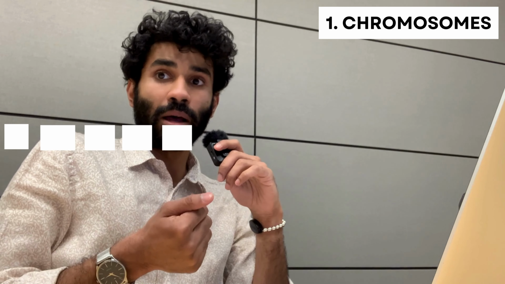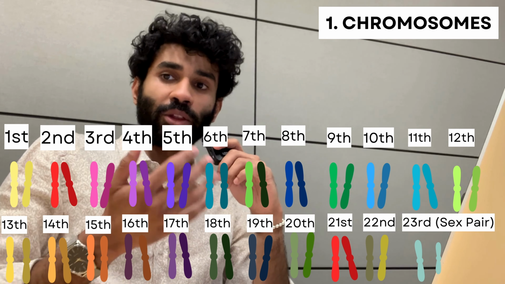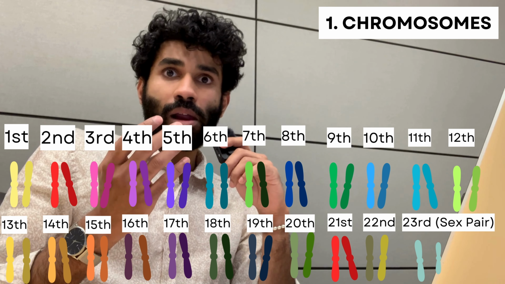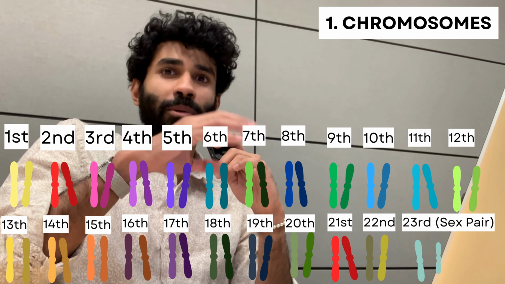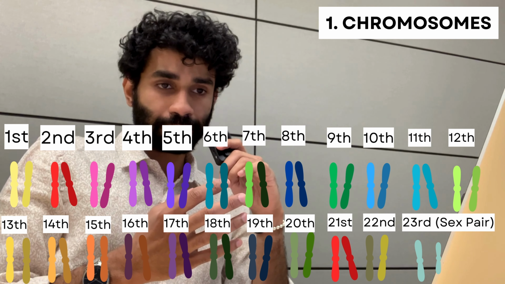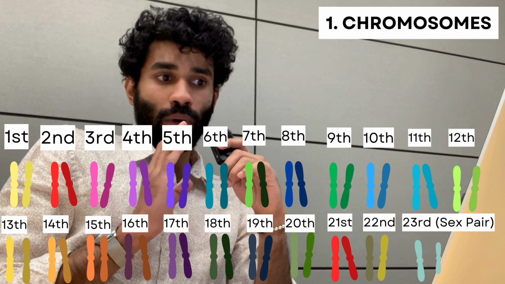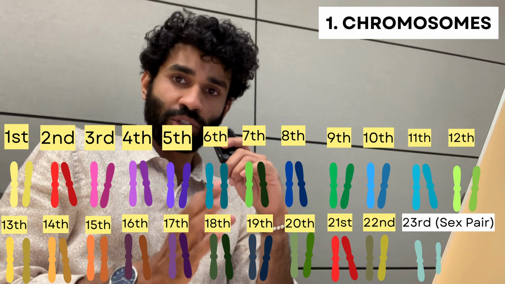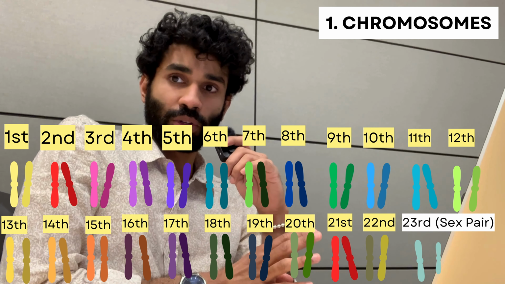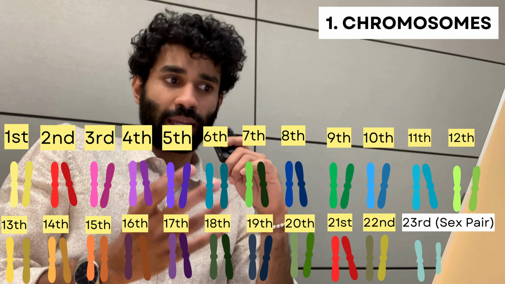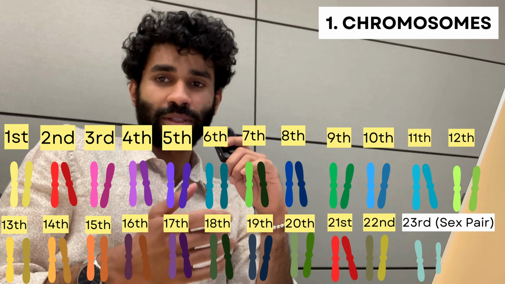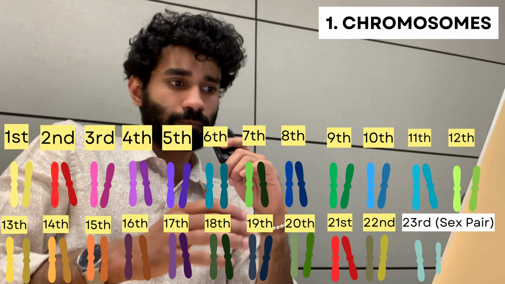Those 46 chromosomes come in 23 pairs, and each pair is of a particular shape and size. So out of those 23 pairs, 22 pairs are autosomes and 1 pair is a sex pair. And that sex pair is either XX or XY.